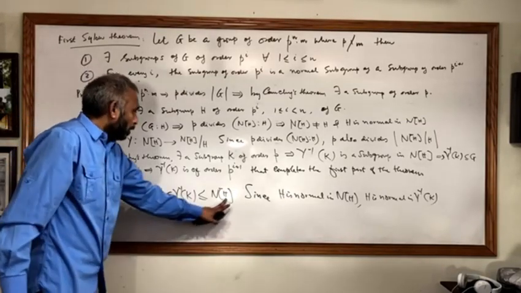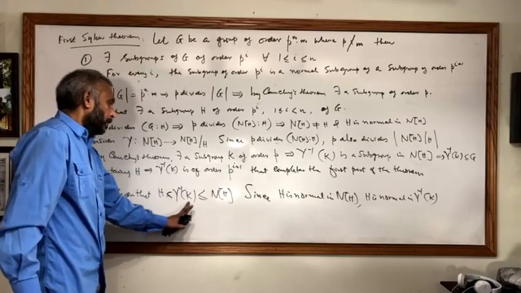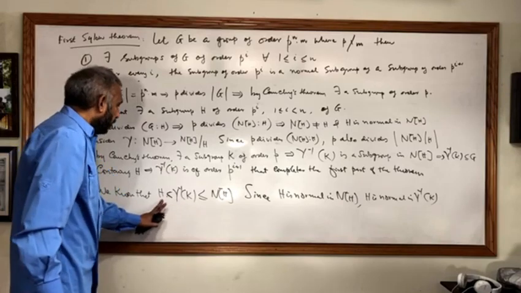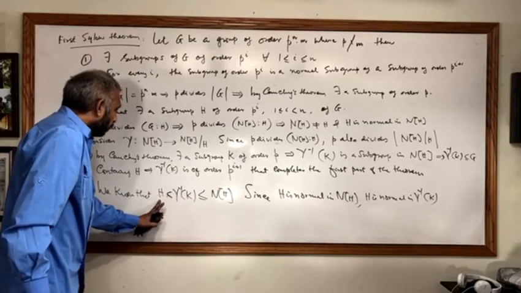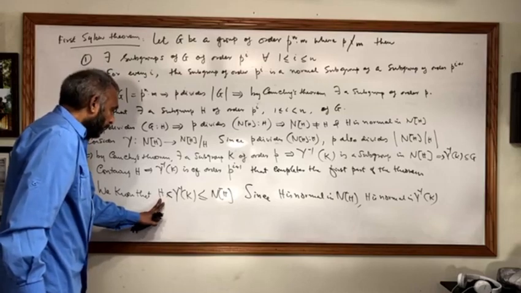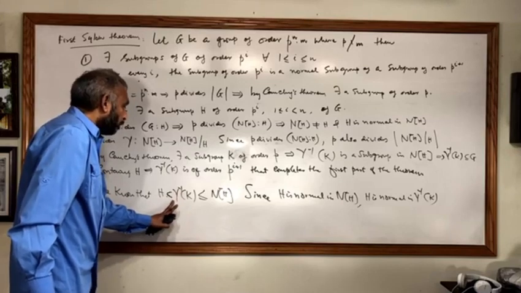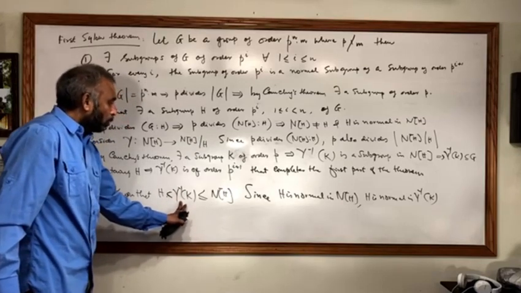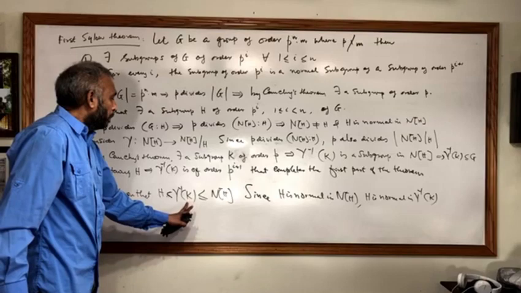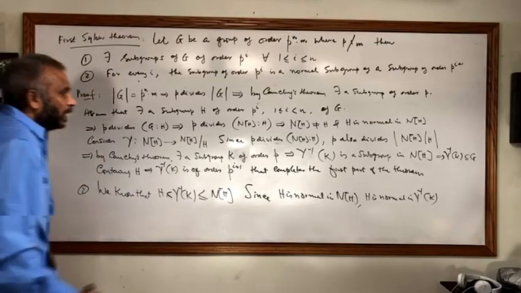Since H is normal in N of H, H is also normal in here. So that means the subgroup of order p to the power of i is a normal subgroup of this group, which is of order p to the power of i plus 1. And that is what the second result is. And that completes the proof.